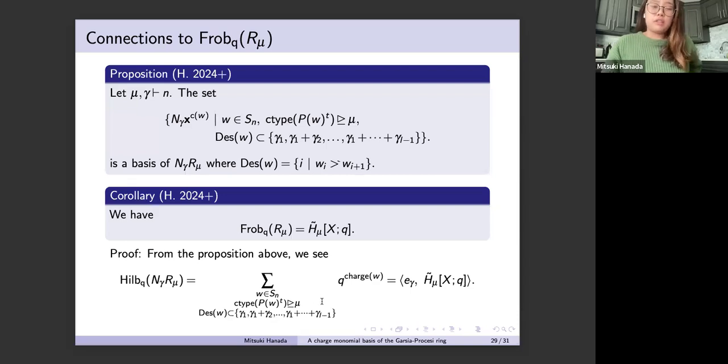In this case, we just looked at the terms that appeared in this inner product, and we were like, oh, it'd be super nice if we could find a basis indexed by these two conditions, and we actually do.